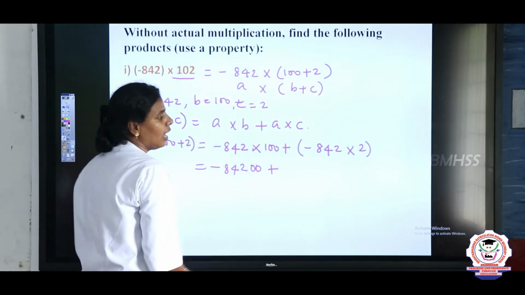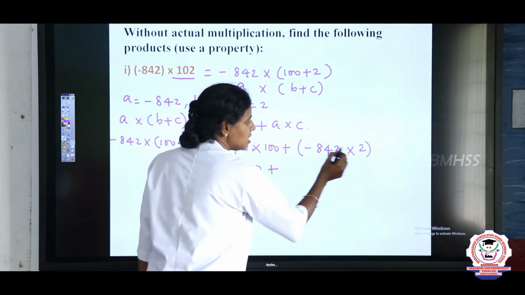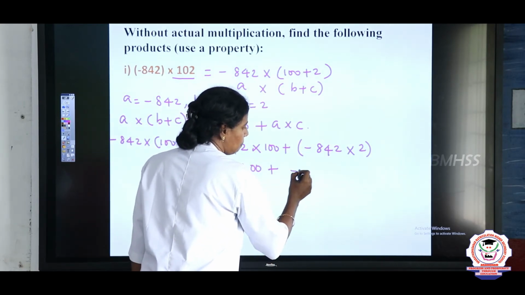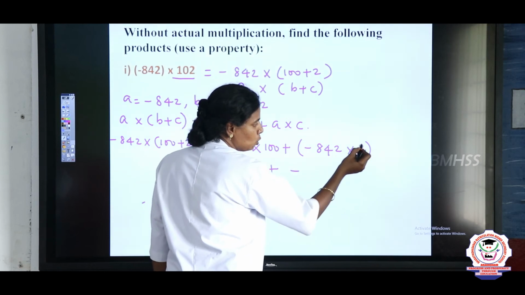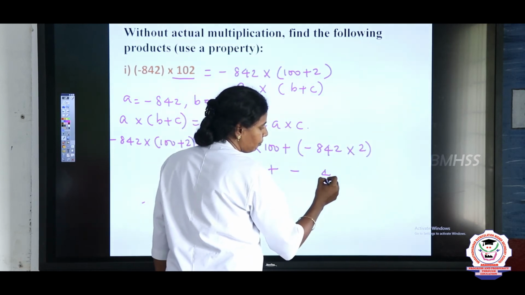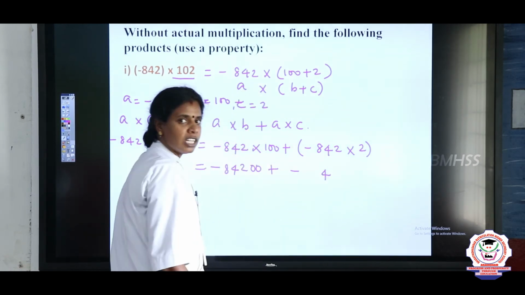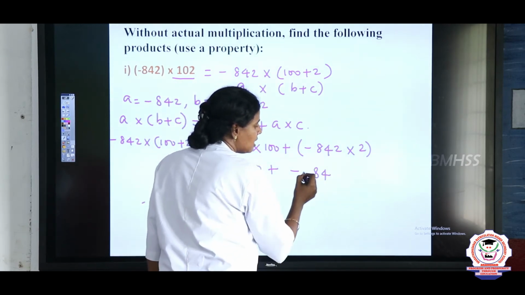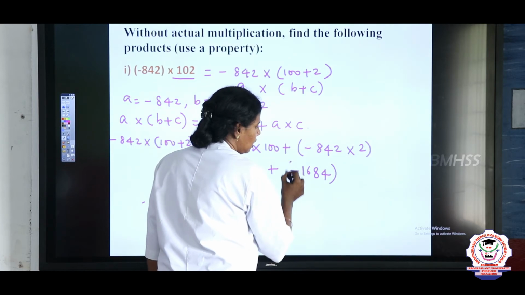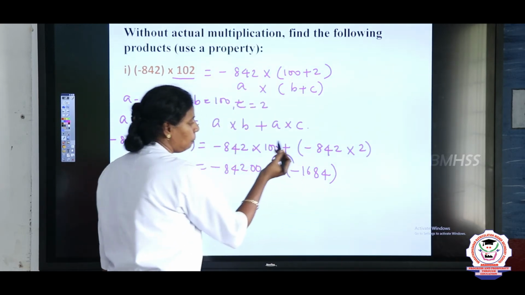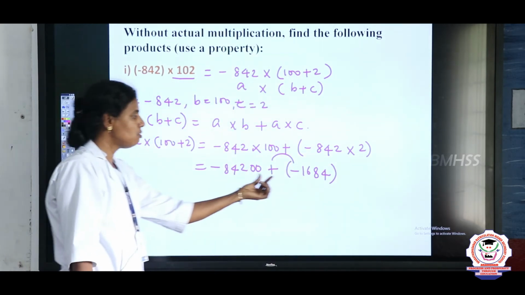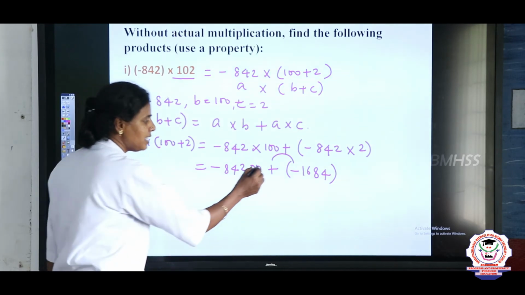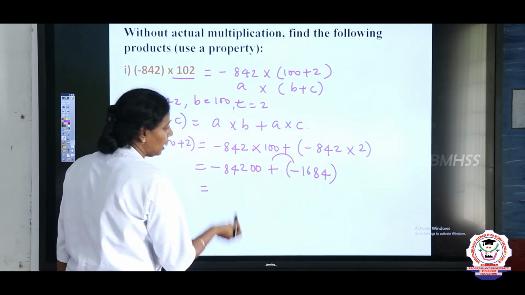Plus, and multiply this number, minus into plus is minus, and multiply with this 2. 2 2s are 4, 2 4s are 8 and 2 8s are 16. Here 2 signs are there, plus and minus. First we will remove this bracket. So, plus into minus. What is plus into minus?